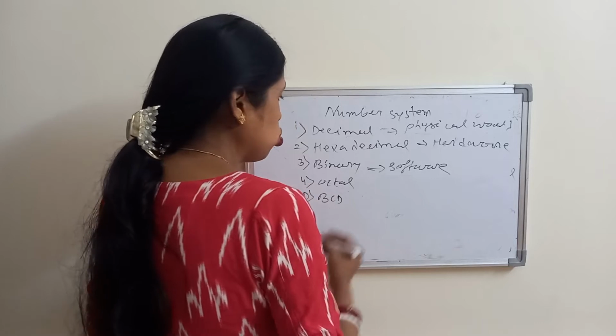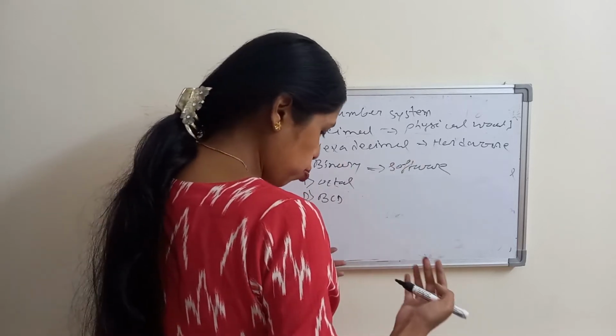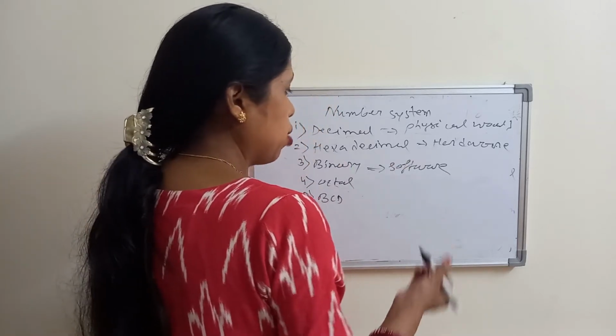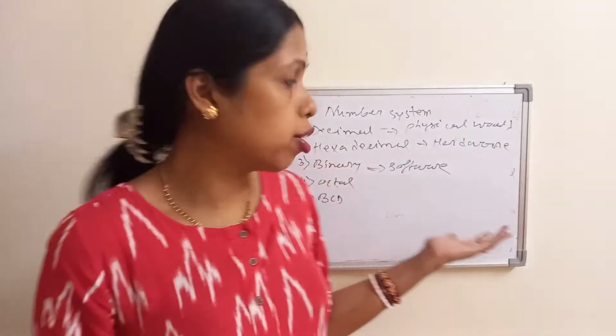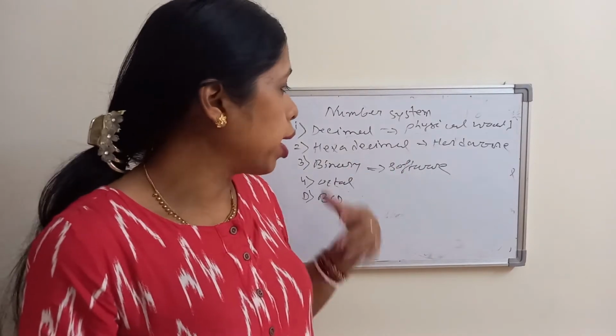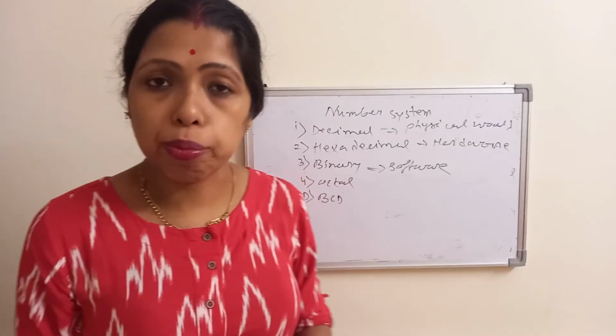Two different kinds of languages are used: machine level language and high level language. For high level language, mainly binary numbers are used. For machine level language, normally hexadecimal numbers are used.